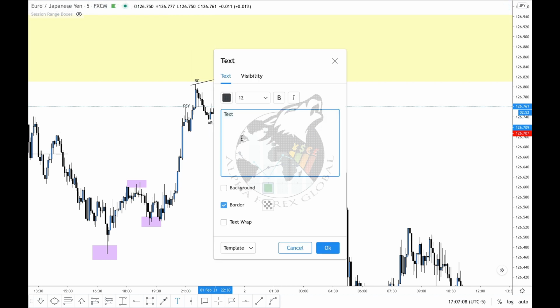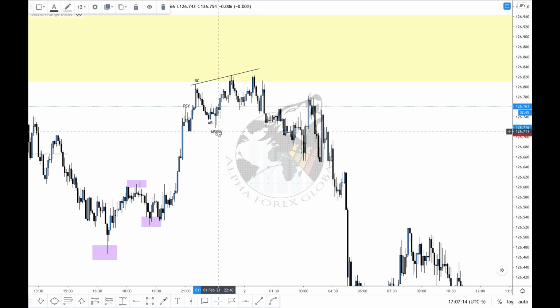And then you have your MSOW here, your minor sign of weakness, right? Because it basically tested the zone, the AR, right? So you basically break it and then go right back inside. So this is the minor sign of weakness. This is supposed to happen, right?